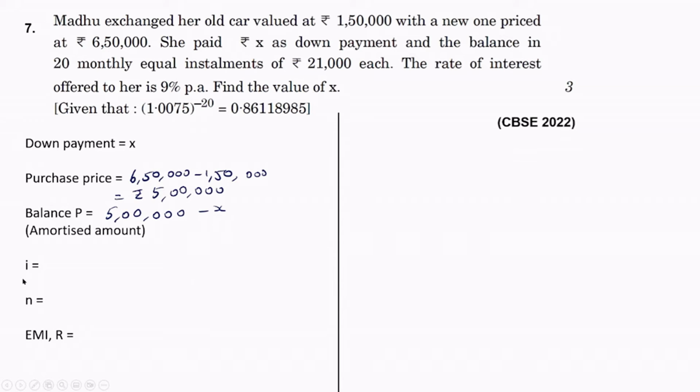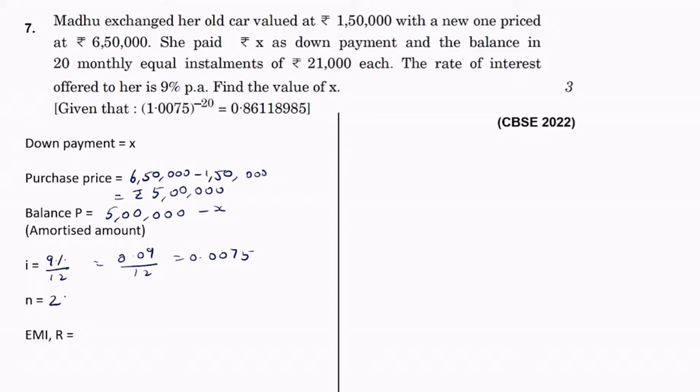And next we have the rate of interest I. It is given by 9%. So it is 9% divided by 12, or 0.09 by 12. It is 0.0075. And then N: here it is given, she has made 20 monthly equal installments.